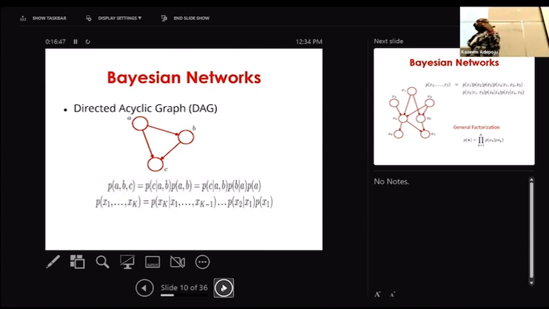Is there anyone who has trouble with how I actually write out the joint probability ABC from the structure? It means you may be given a graphical structure, and they ask you to write the probability of the joint. Any question? You're good with that. Okay.